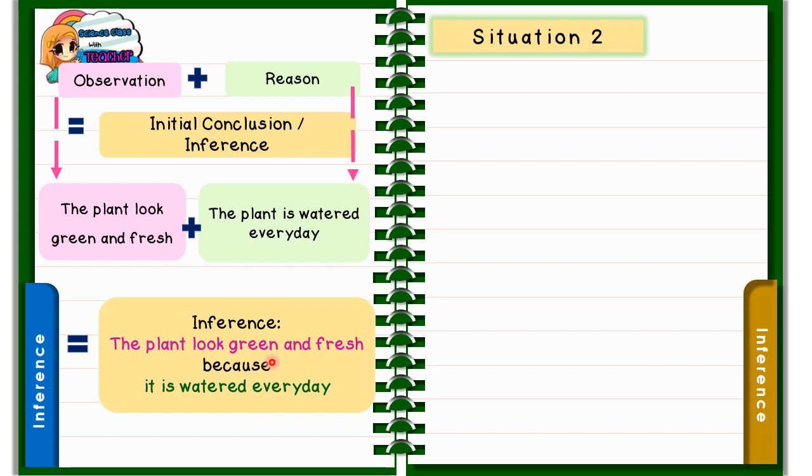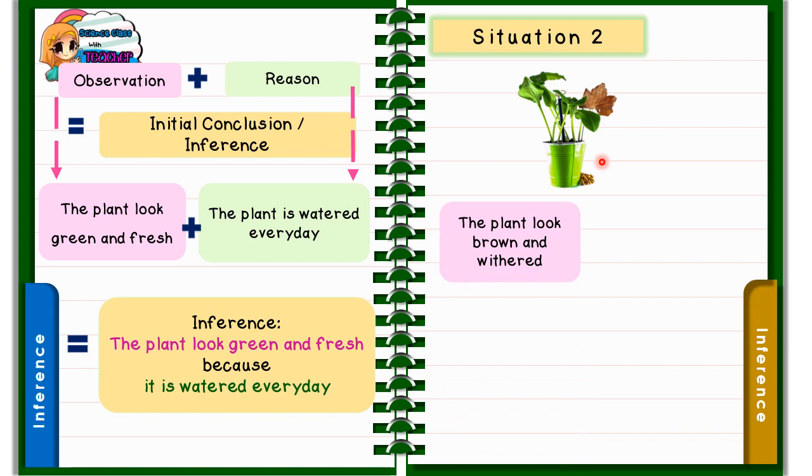Let's see situation number 2. Can you make observation from this situation? Yes, the plant looked brown and withered. This is our observation from the situation. As I mentioned before, observation must follow by a reason.